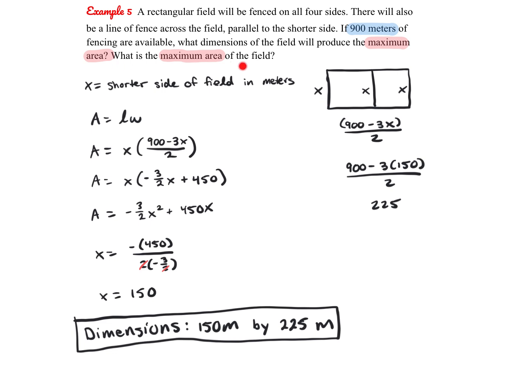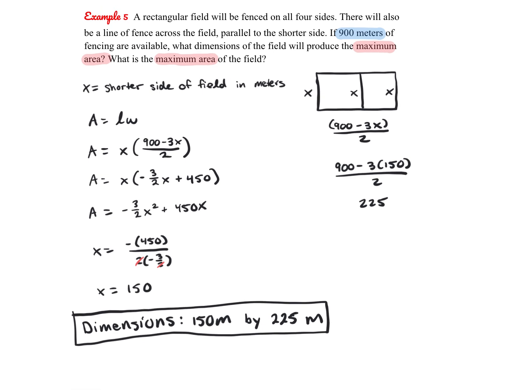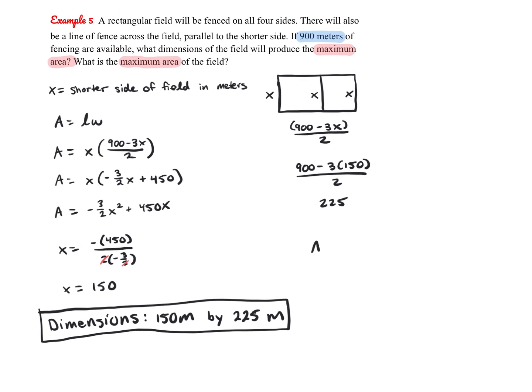Now, the second part of our question is, what is that maximum area? So for that, we want to find the y value of our vertex. We actually want to go back and plug 150 into our area formula. So I'm going to do that over here. So let's find a of 150.